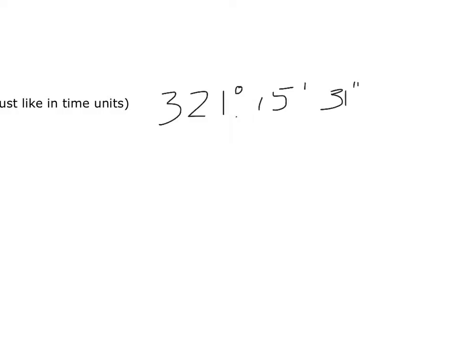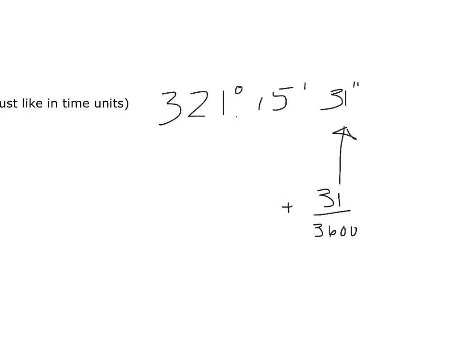If I am asked to convert this back into degrees, then just like when we talk about hours, how many seconds are in an hour? 3,600, so 60 times 60. So I take the 31 and I divide it by 3,600.